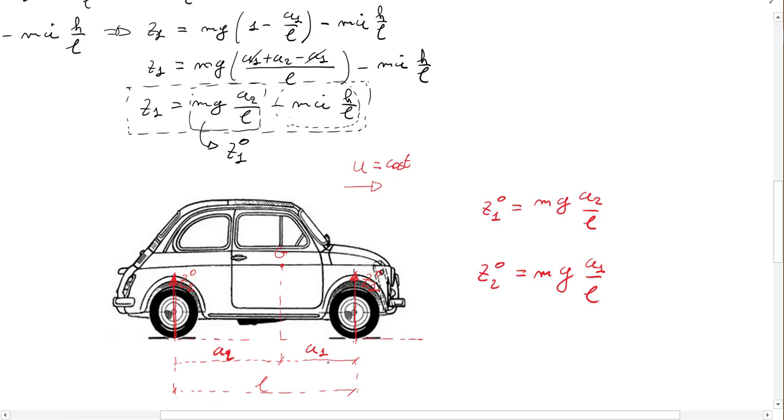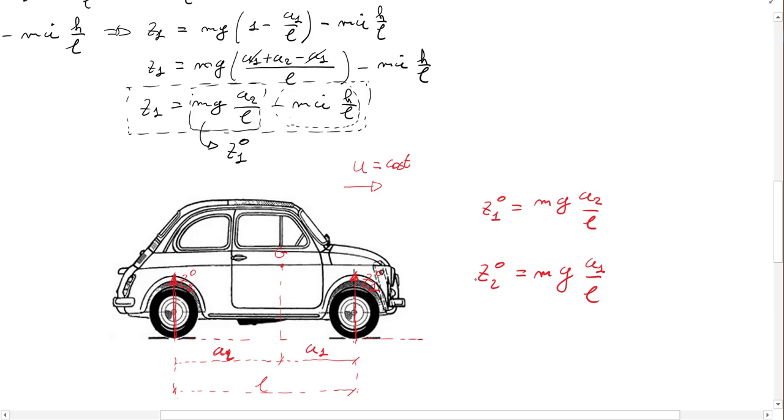So as you can see, the vertical force changes according to the other dimensions. On Z2, the rear axis of the car, we have A1, the longitudinal distance between the front axis of the car and the center of gravity, and for Z1 it is exactly the same consideration, with A2.